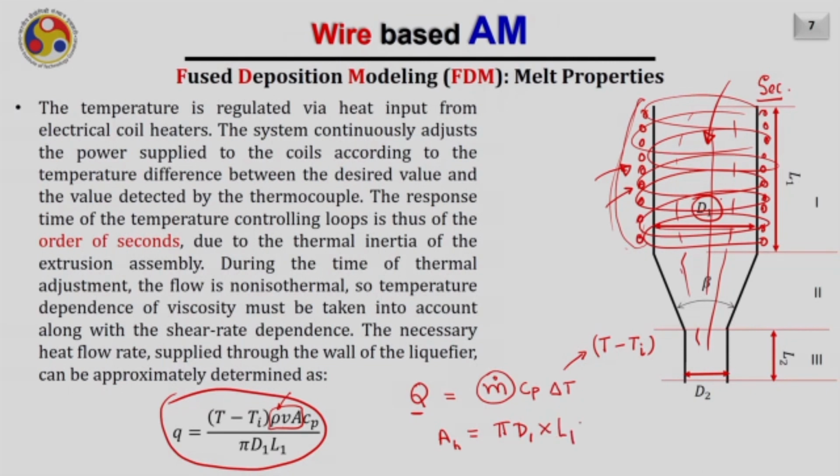Therefore, the heat flow rate can be given as Q divided by AH, and hence your heat flow rate Q will be equal to (T minus Ti) rho Va Cp divided by pi D1 L1, where Ti is the initial temperature of the melt in the liquefier and T is the new temperature obtained from the thermocouple reading after there is a change in the velocity or in the beginning or end of the process.